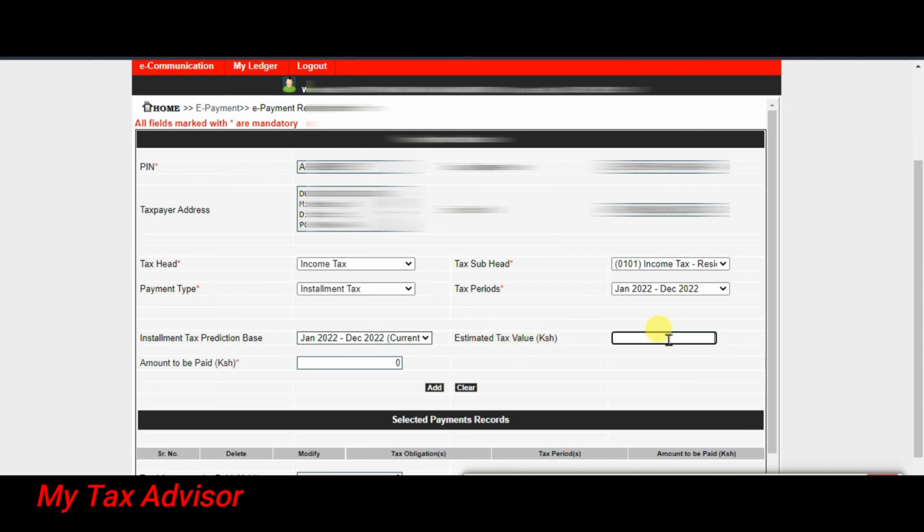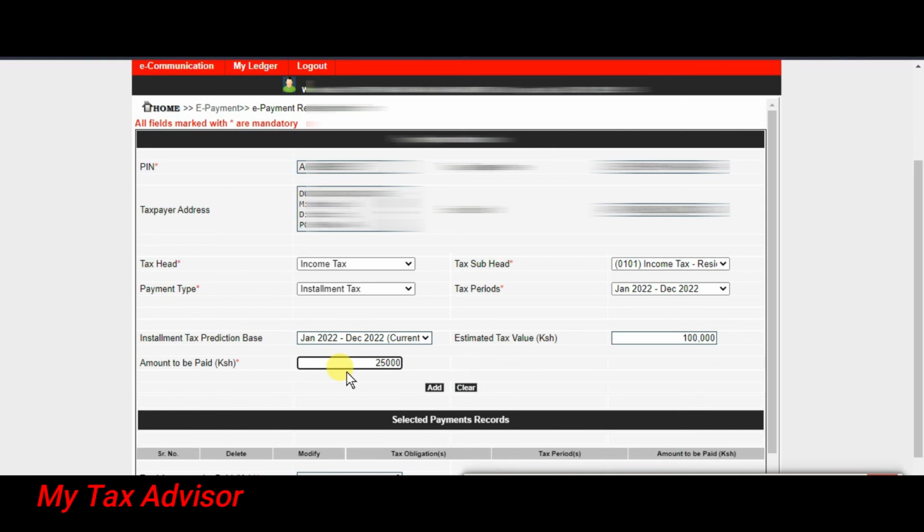You've done your assessment. How much did you see you're supposed to pay? Then assume our prediction is 100,000. All right, that's the tax that we estimate to pay. So we need to pay in the first installment by 20th April. We need to pay 25% of this, which is gonna amount to be paid as 25,000.